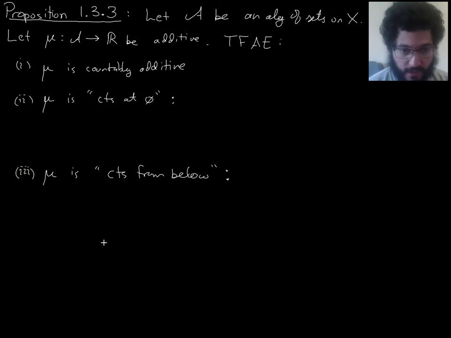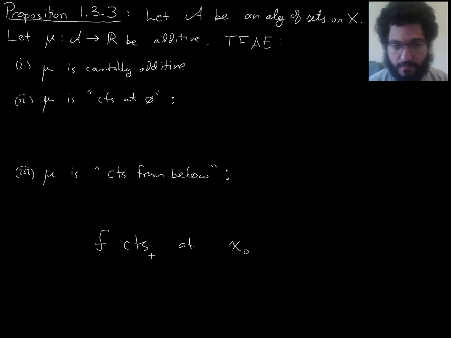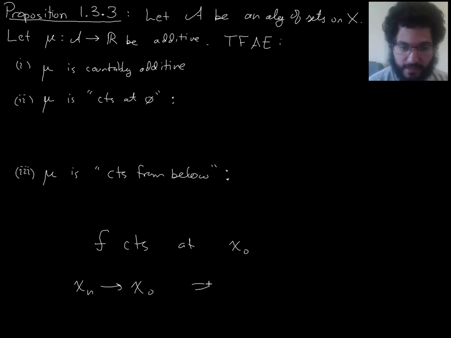So in analysis, when you say a function is continuous, like when you say f is continuous at, say, x naught, this is unrelated to this stuff, just in general, then one way to describe this is to say whenever you have a sequence converging to x naught, applying f to the terms of the sequence converges to f of x naught, right?